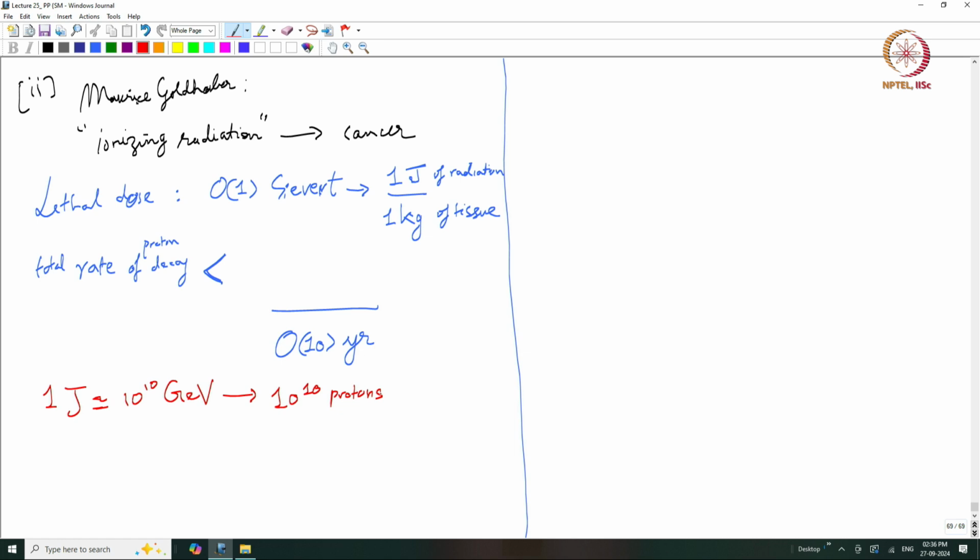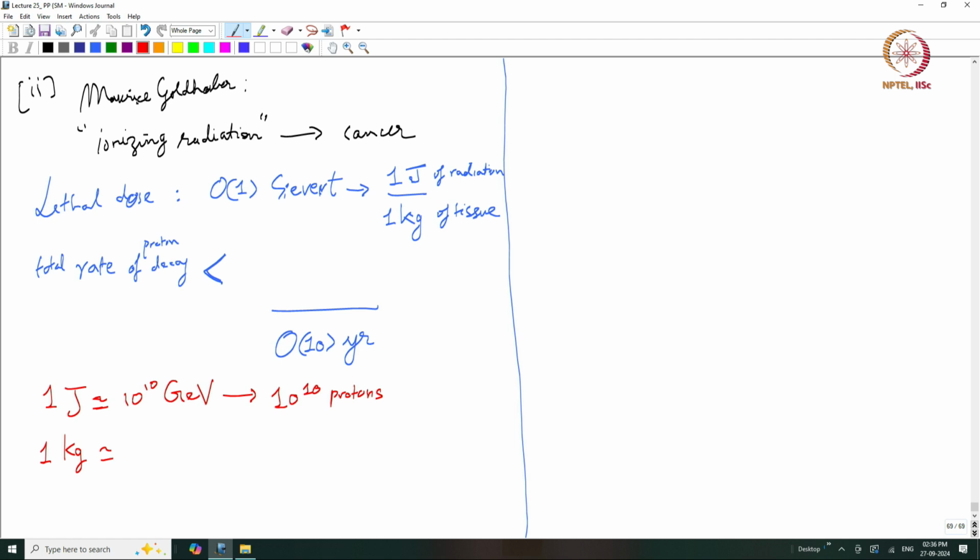So that is the energy. Now, this has to be dumped into 1 kilogram of tissue, so we are asking what fraction of your tissue is producing this 1 joule of energy. To get that fraction, I need to know how many protons are in 1 kilogram. So, what is that?